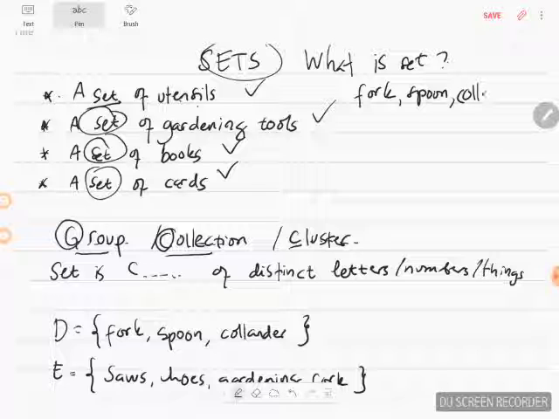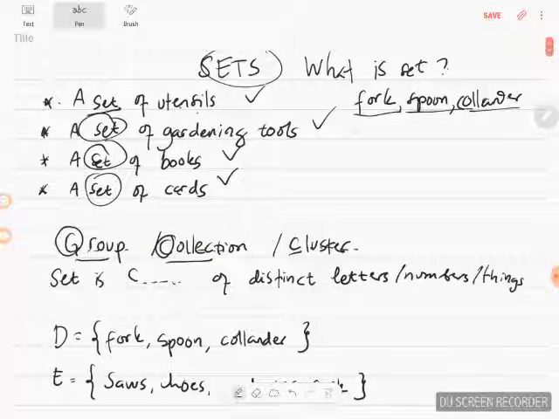The last one also C, which is for cluster. Actually there are many more, but these three describe the word set here. So when we are talking about a set of utensils, it is actually about a group of utensils, a collection of utensils, a cluster of utensils.